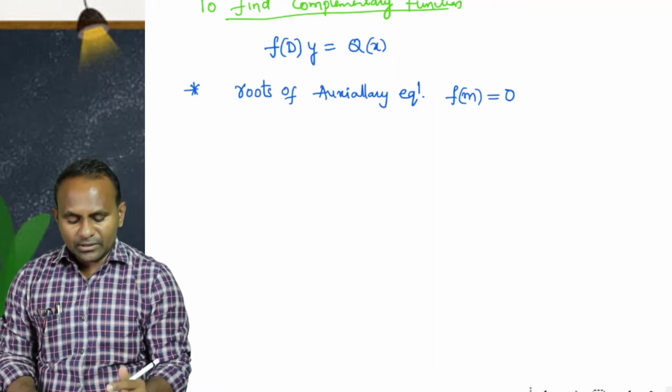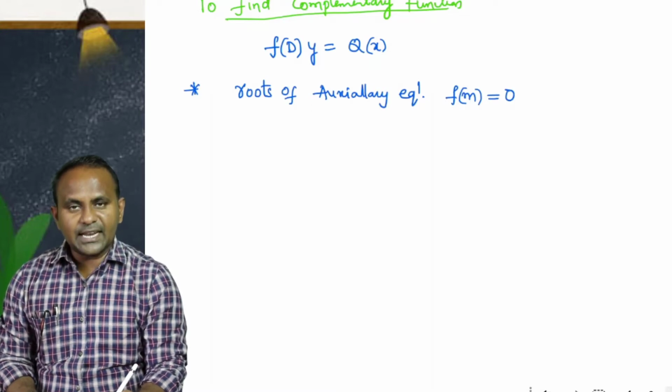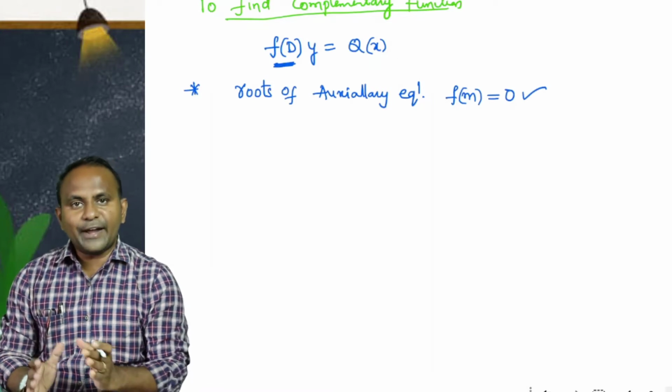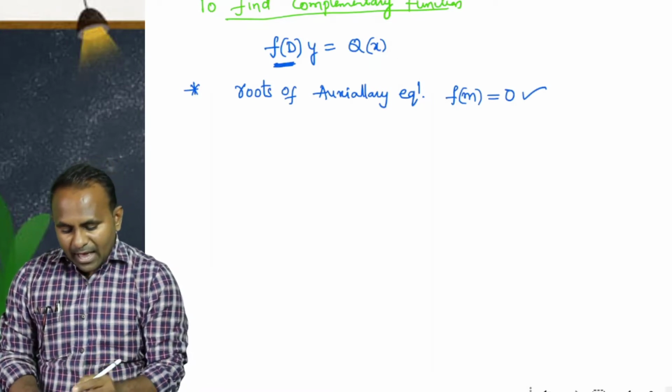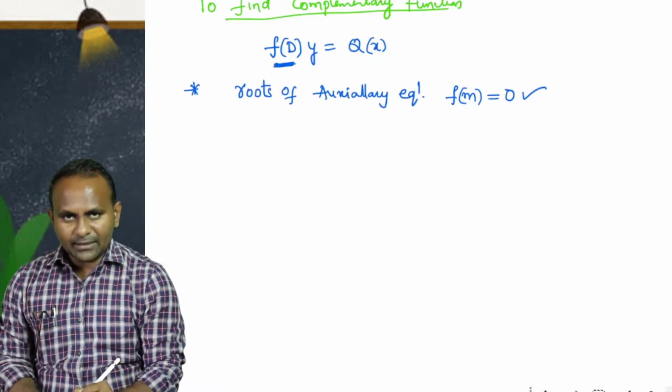As we already know from algebra, if it is a polynomial of nth degree, there will be exactly n roots. So we have to find all of those n roots if it is nth degree. But those roots will be in this way.